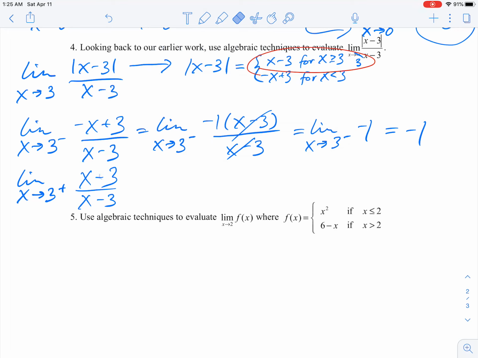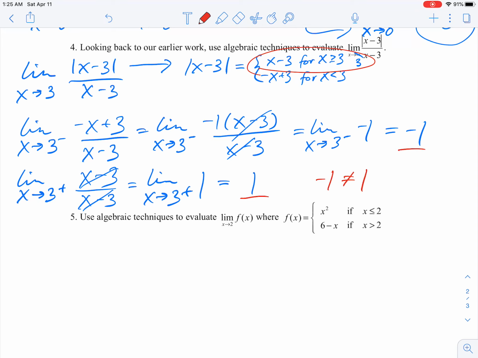So this is the limit as x approaches 3 from the right of, well, that's a cancellation opportunity. We can cancel that. That's just 1. Limit as x approaches 3 from the right of 1, which is 1. Okay, so then this is the operative piece here. We've got negative 1 and we've got 1. And negative 1 does not equal 1.